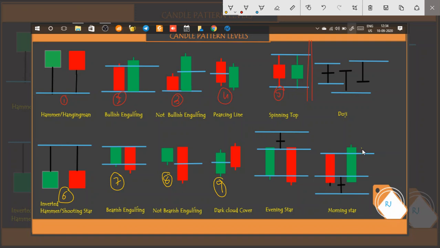And again, this is a bullish pattern and this is a bearish pattern.